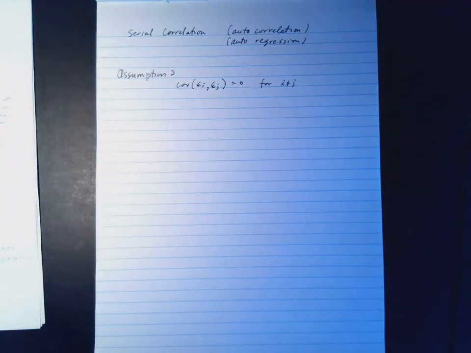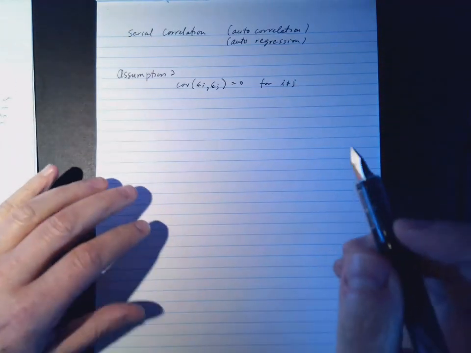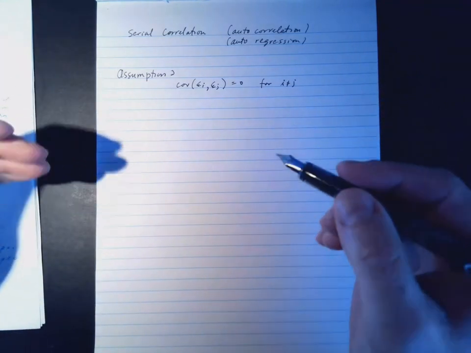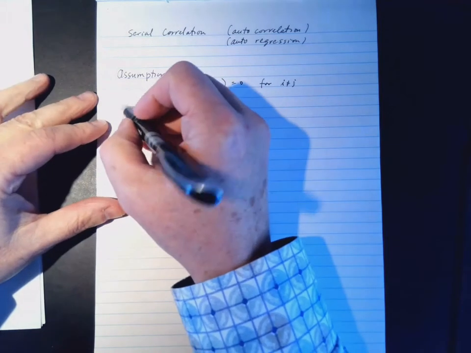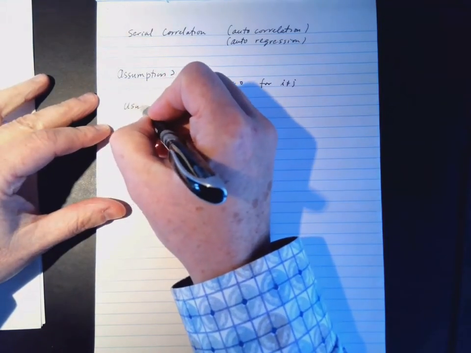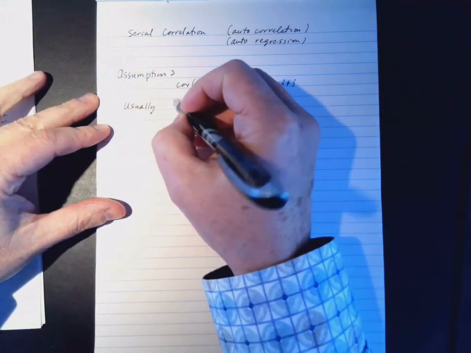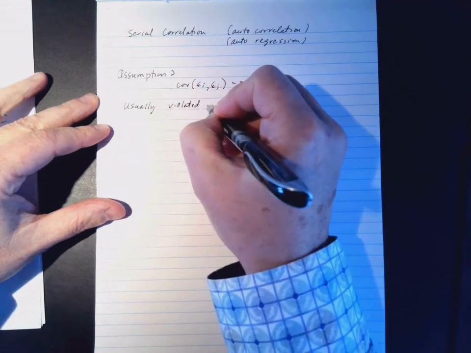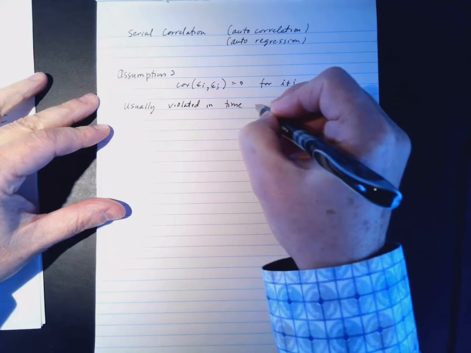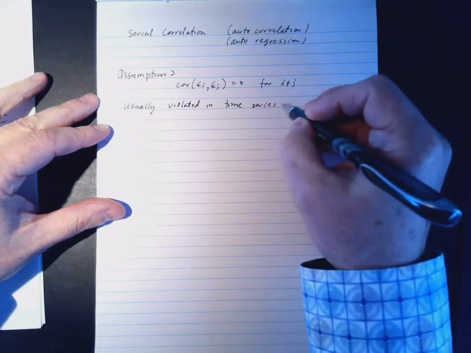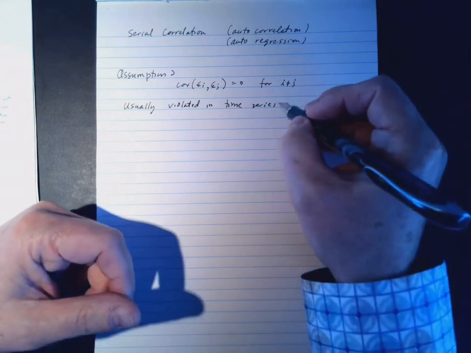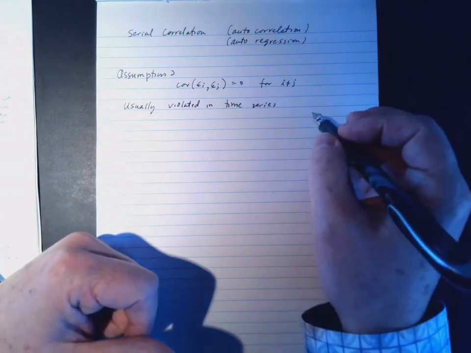Now, this assumption is often violated in time series analysis. So if it's going to fail anywhere, that's where it fails. Usually violated in time series. Now, it can also be violated in cross-sectional analysis, but we're going to focus on the time series case.